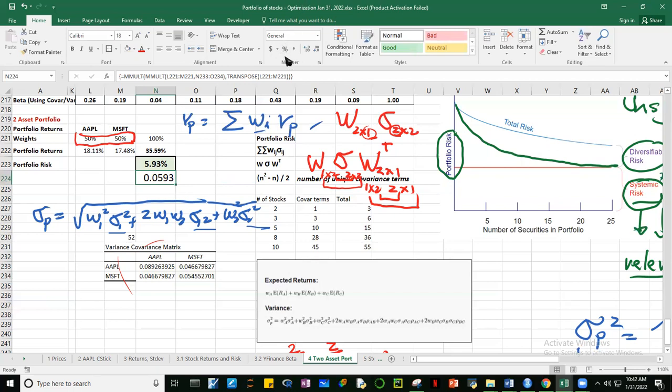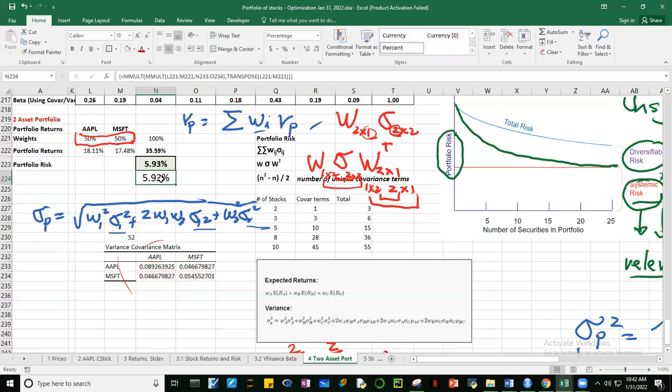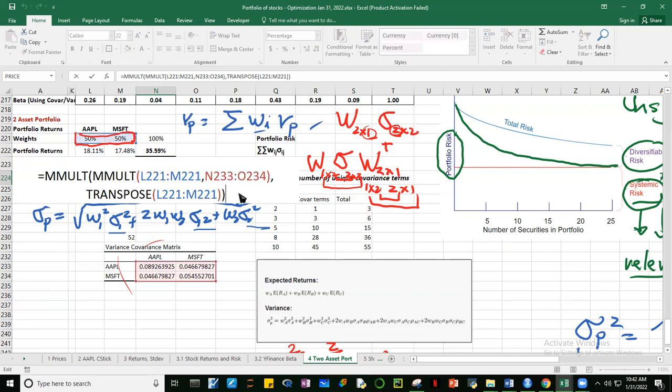Tignan nyo, pareho, no? And it's a lot easier, of course. Flash ko nga. Okay, there, guys. Let me just increase it para mas kita siya.